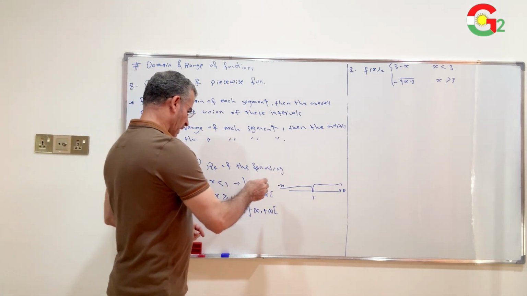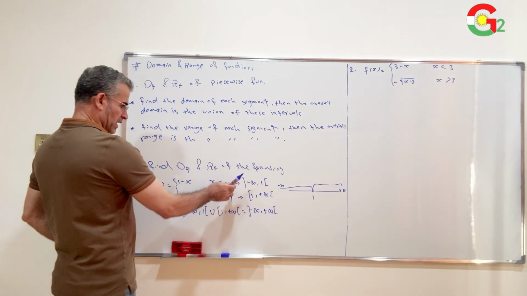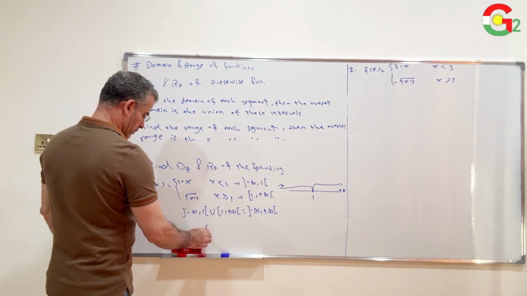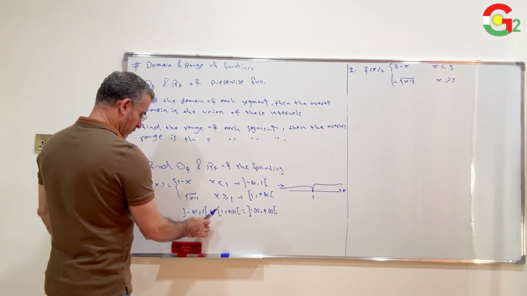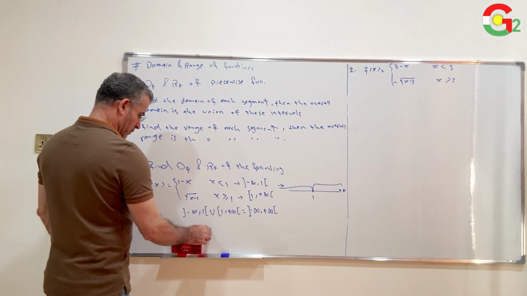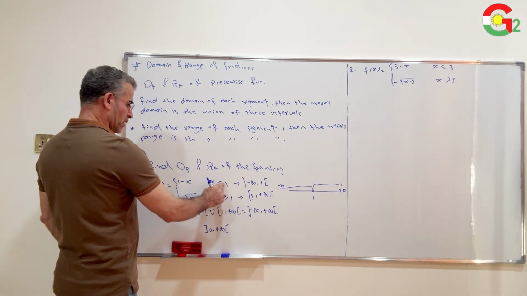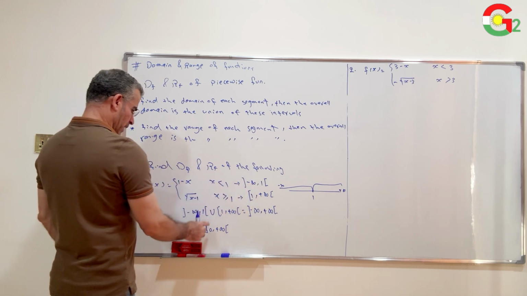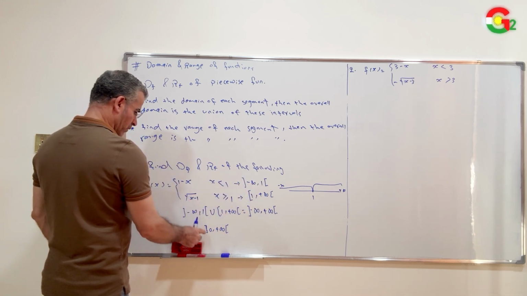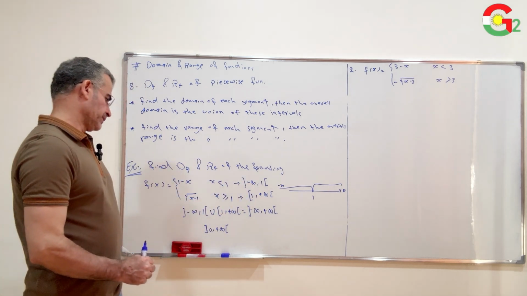Then the maximum value for this segment is 0, without 0, down to negative infinity. Since 1 is not in the domain, 0 will not be in the range.